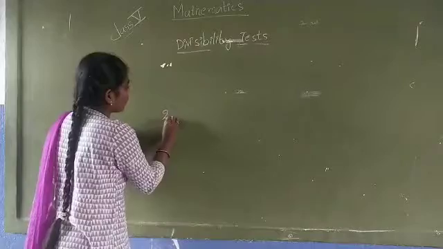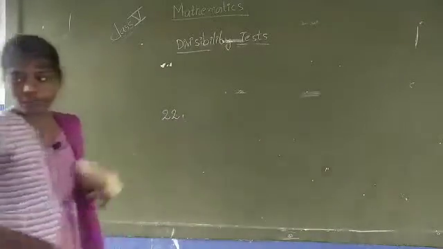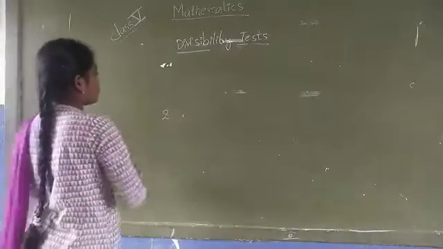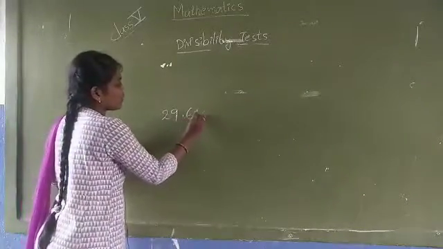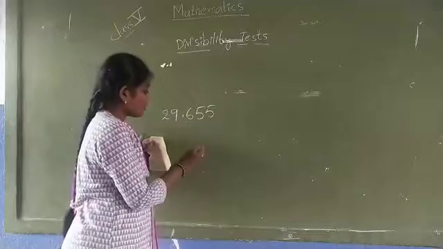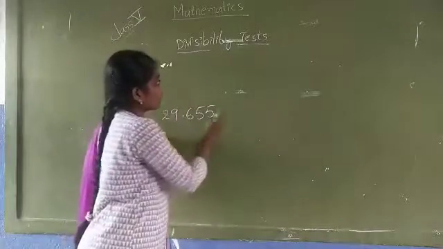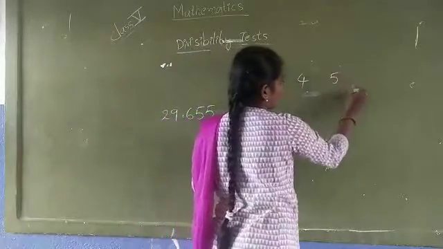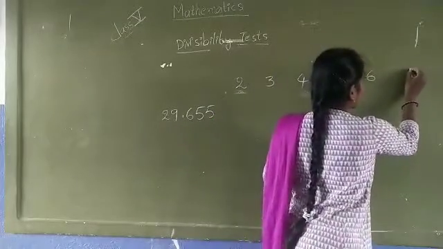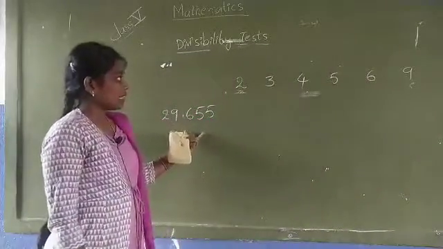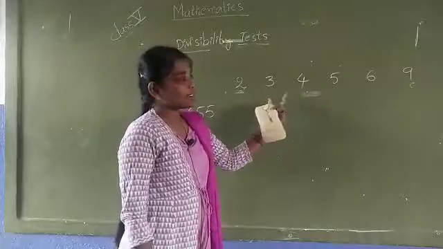Here I am writing a number: 29,655. You have to check whether this number is divisible by these numbers or not.